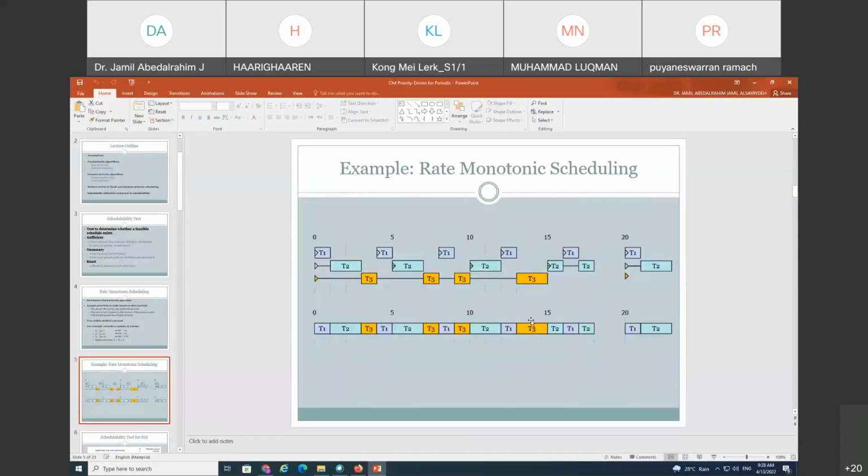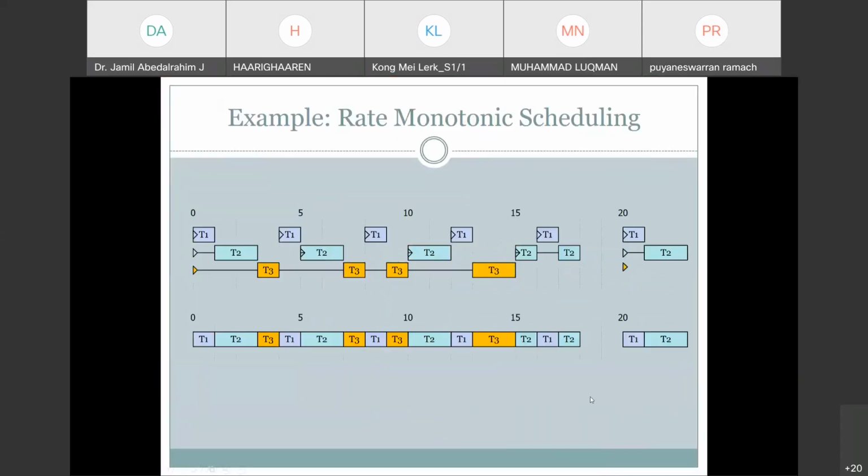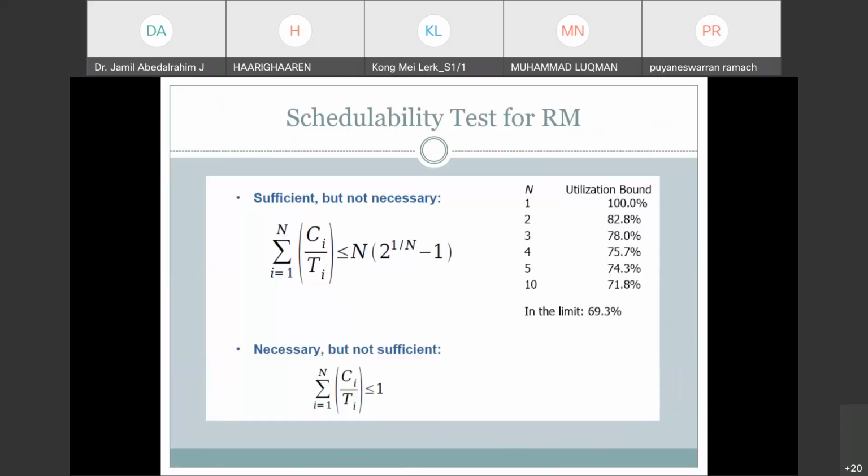Same as in the slide, same result. And you see here from 18 to 20, we have idle. There is nothing to be executed. Okay, we go to the next topic, the schedulability test for rate monotonic.